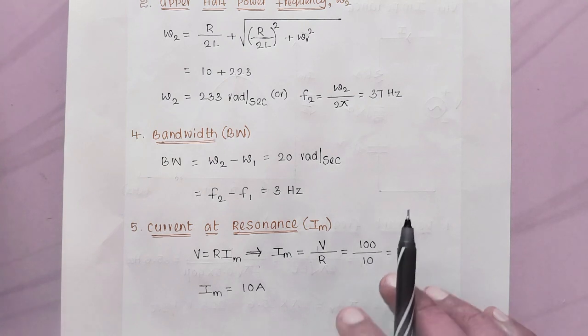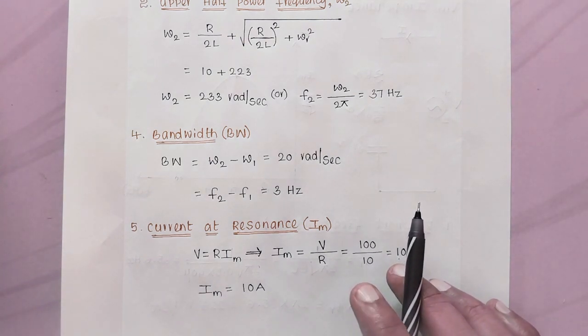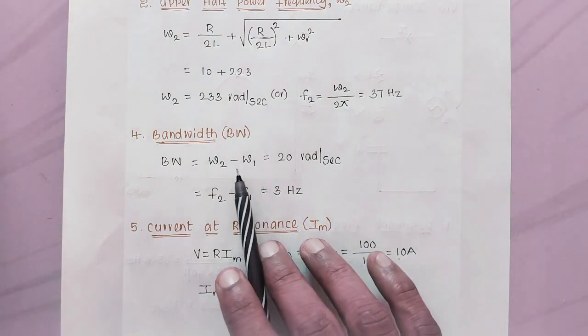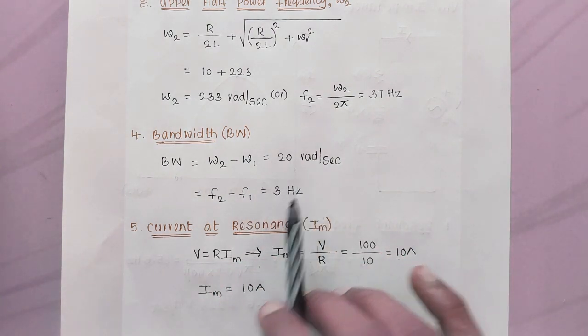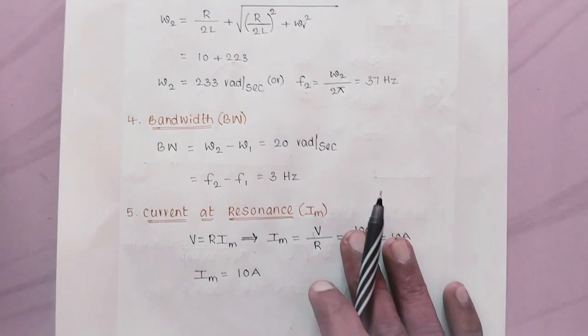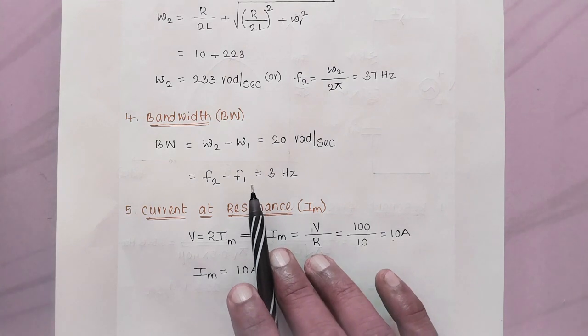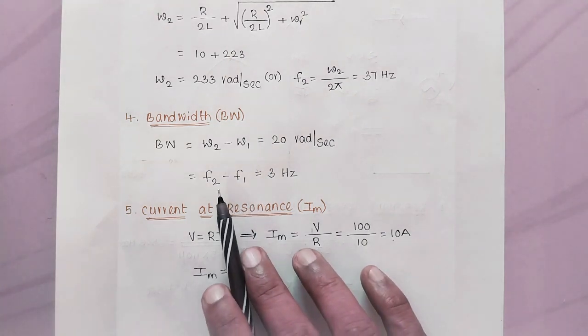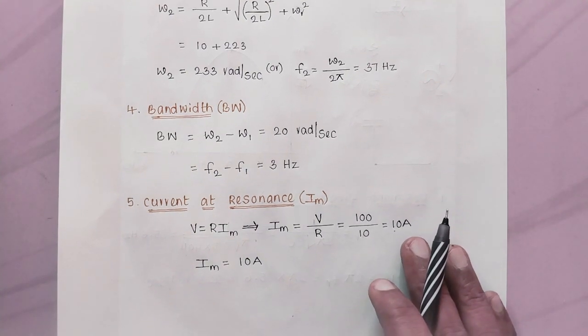If you know the half power frequencies, the difference of the half power frequencies is nothing but the bandwidth. So omega 2 minus omega 1 is equal to 20 radians per second. Similarly, if you want bandwidth in hertz, take the difference of half power frequencies in hertz, f2 minus f1, which is equal to 3 hertz.